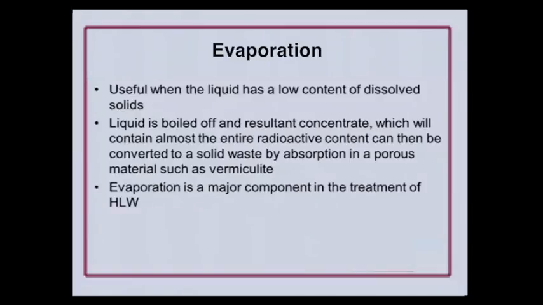As far as other steps, we talked about evaporation. That was a big one, especially in the waste cleanout, just positioning the tanks out at the site. You boil it off, concentrate it as much as you can, get it down to a solid waste, and any residual is sucked up by adding materials such as vermiculite.